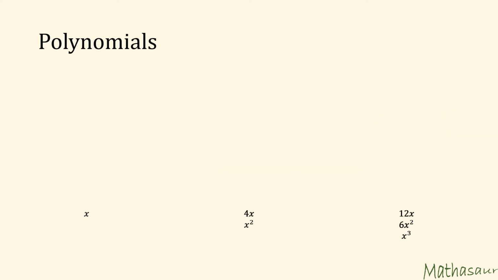Now let us look at these terms. Let us take 3 of these terms and put the symbol for addition or subtraction between them. Similarly, let us take the terms 4x and 6x square and put a sign for subtraction.